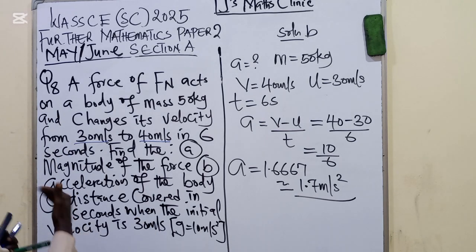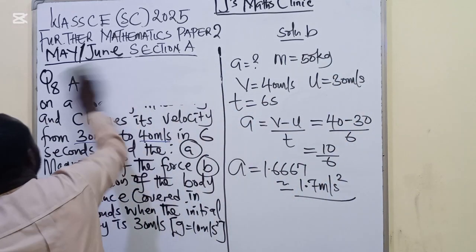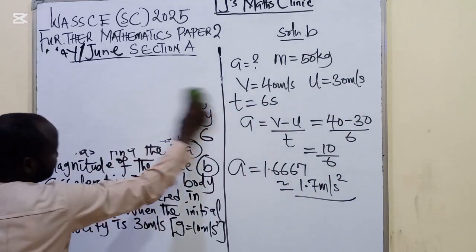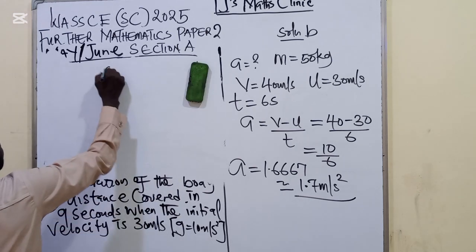It's very easy. The last part, we are asked to find the distance covered in 9 seconds. Let me clean this part so that we can look at the solution to C. Solution to C now.